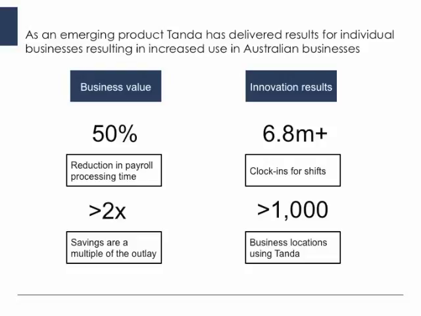And the results of this innovation have meant that over 6.8 million shifts have been clocked in on the Tanda time clock, and currently over 1,000 business locations are using Tanda. Additionally, Domino's have signed an agreement with Tanda to use Tanda for their 537 stores, both in Australia and internationally.